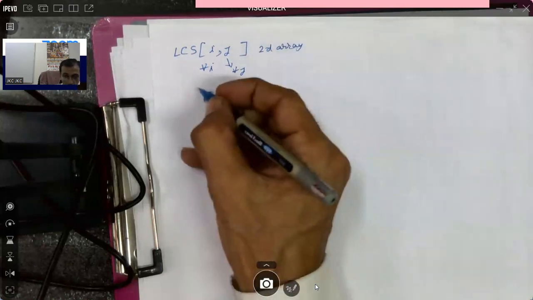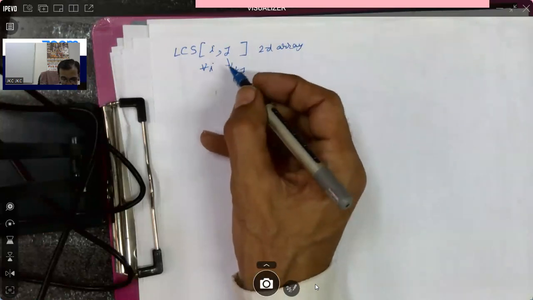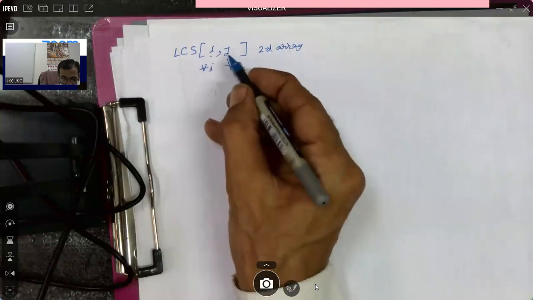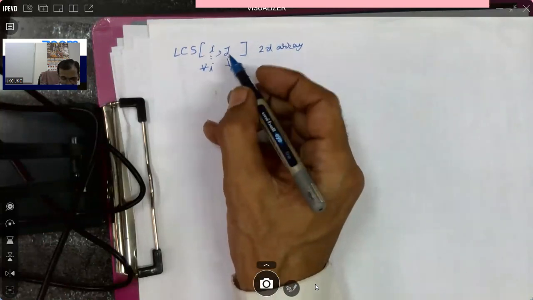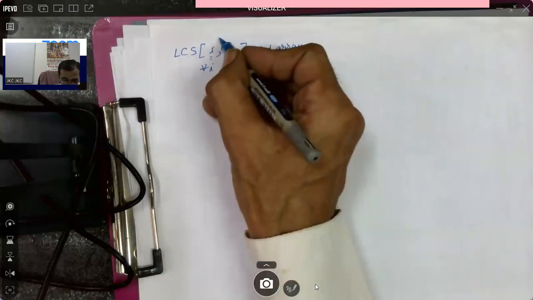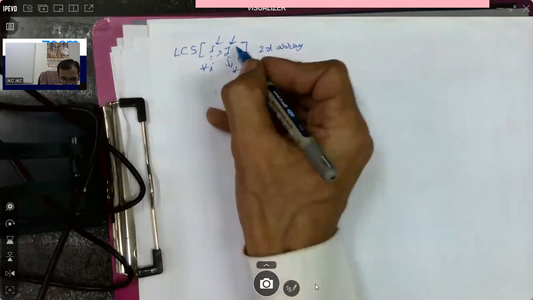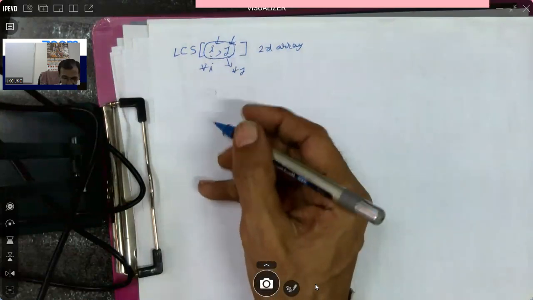Recall, in case of a road, I had one parameter deciding the total function's return value, so I had a 1D array. In MCM also, I had 2 dimensions based on which decisions were being done and k was being found and value was being returned, so I needed a 2D array. So effectively, the parameters which are varying in the recursive calls decide the dimension of your storage needed.